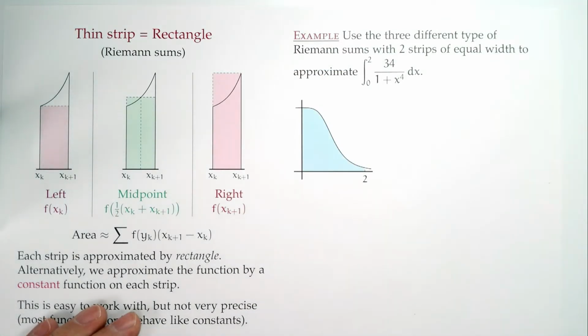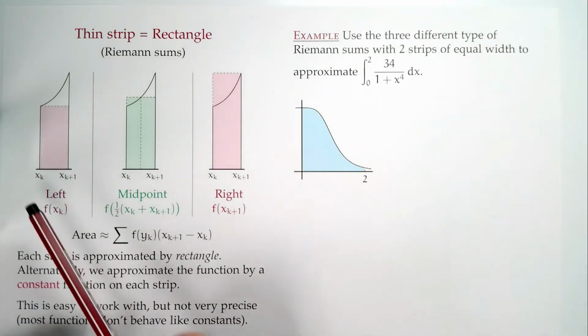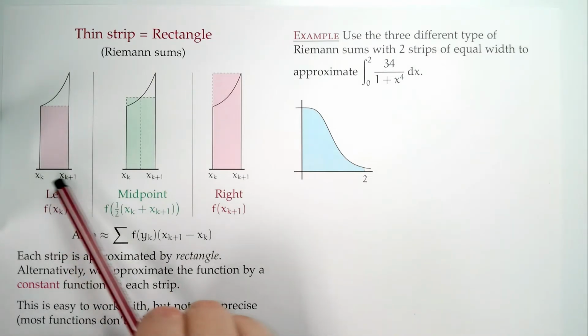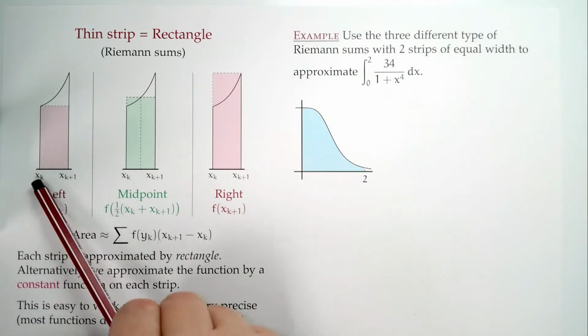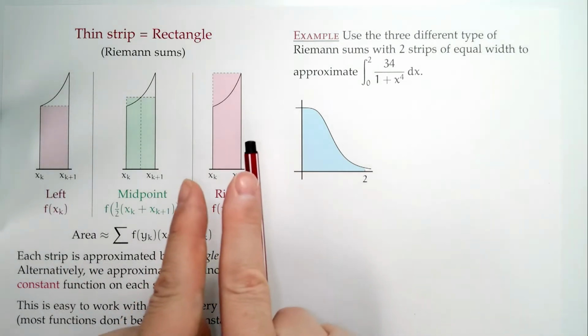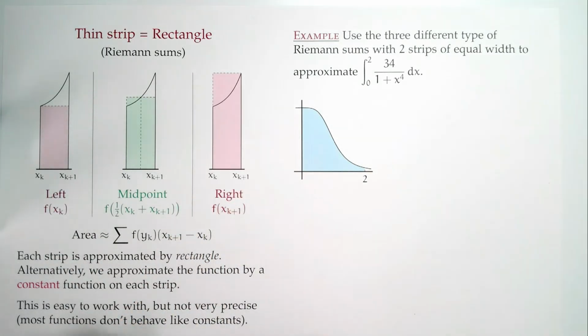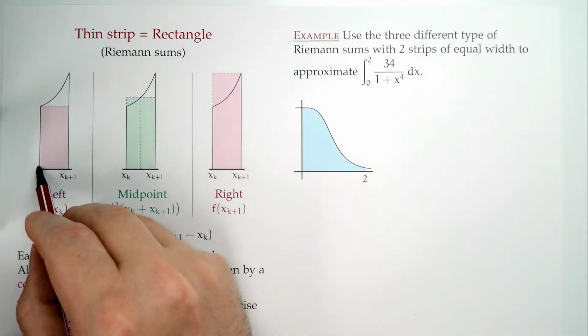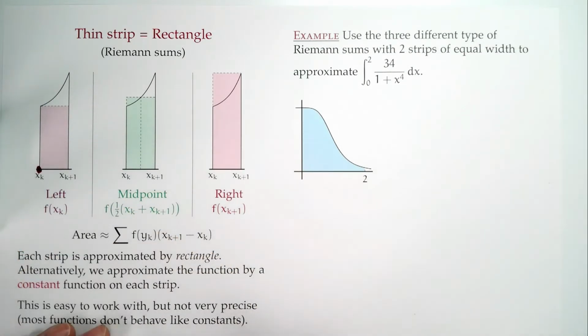Now the height, you have to think about, okay, how do you pick the height? Well, the answer is you take your curve, and you pick some point in between the left and right hand side of your interval. So I'm thinking of xk and xk plus 1 as the bottom of a very tiny thin strip. And I say, well, there's a couple things I can choose. One thing is I could look at the left hand point.